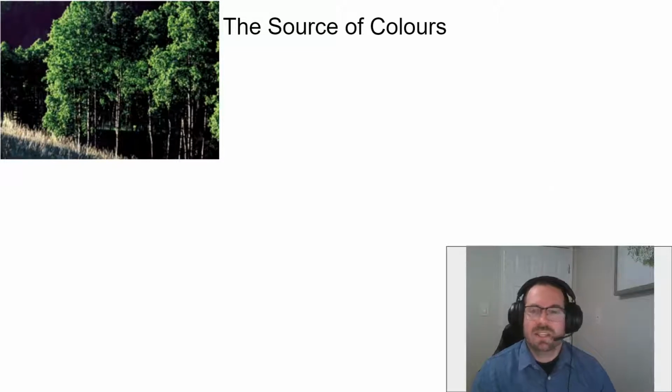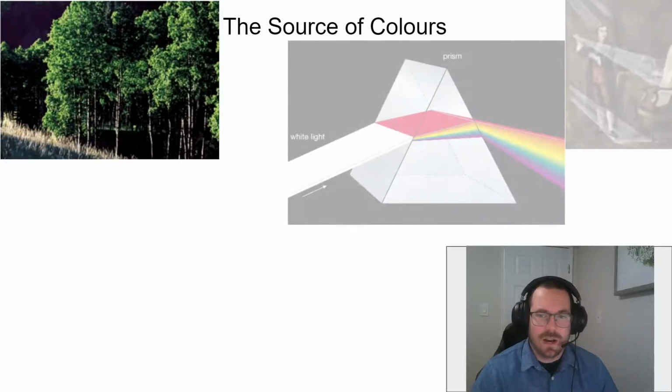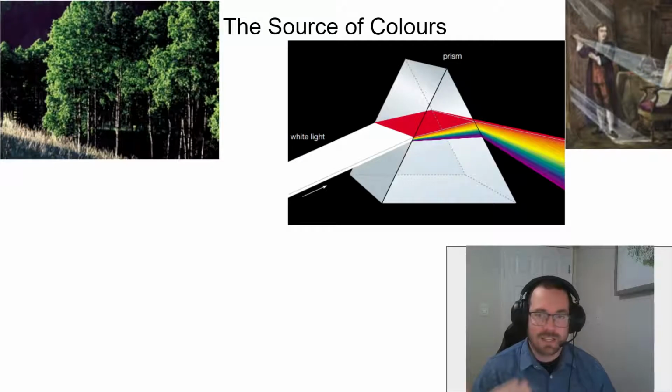In the 17th century, English scientist Sir Isaac Newton conducted a famous experiment. He placed a prism, which is that triangular glass object, so that a thin beam of white light could pass through it. When white light traveled through the prism, Newton saw bands of color emerge.